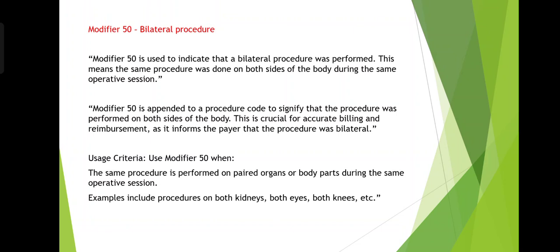Here, the same surgery happened on both sides of the same organ system, so you need not code that procedure two times. You have to code it one time and apply modifier 50. Then it will indicate that this procedure was done on both sides of the body.